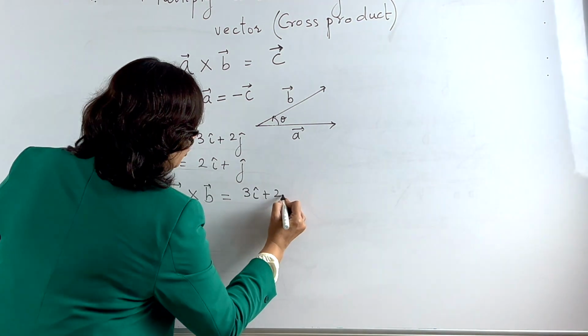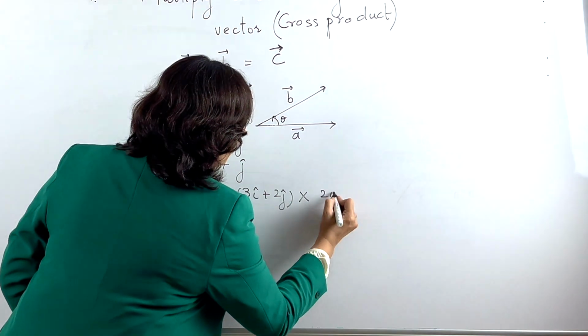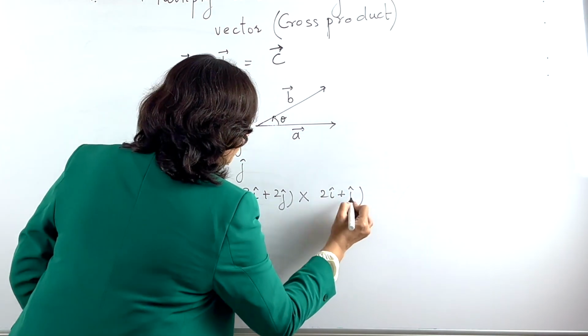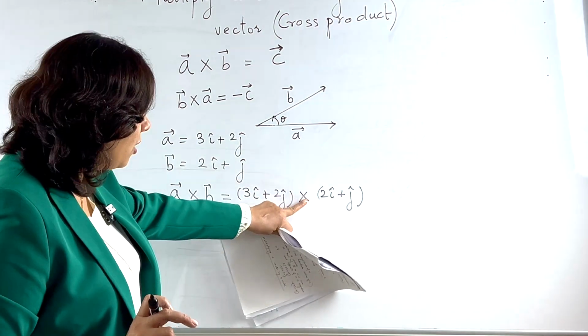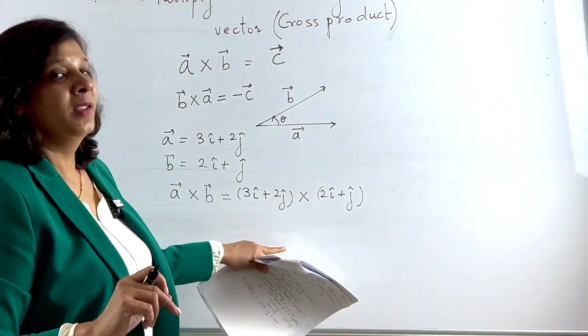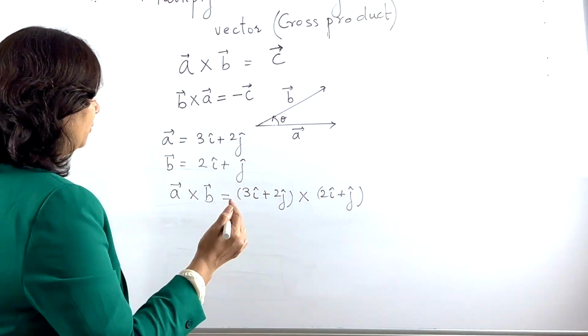3i plus 2j cross 2i plus j. This is not a usual multiplication, okay? This is a cross of these two terms. Again, by definition, the cross product is distributive, so I can use that.